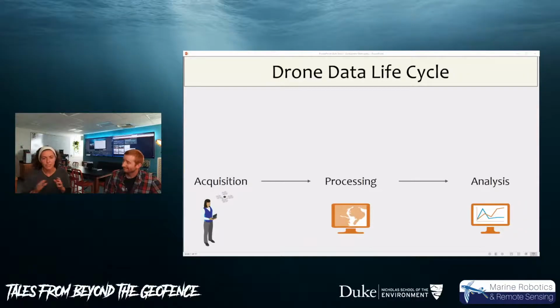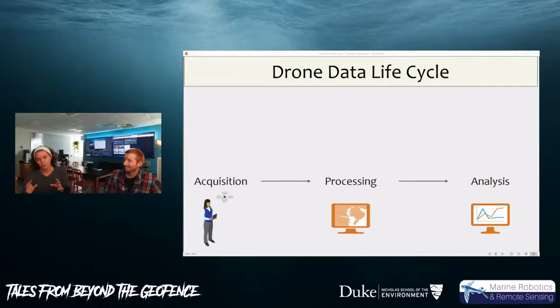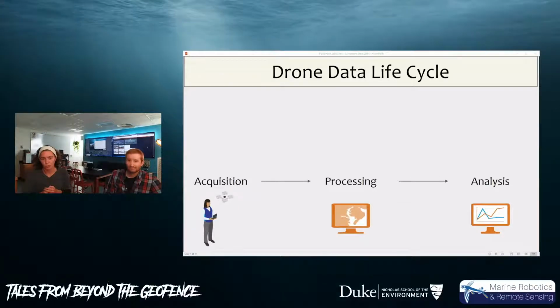So this data lifecycle we're going to keep coming back to, and it is hugely important in this project that we're going to talk about, but is just hugely important across the board in science.